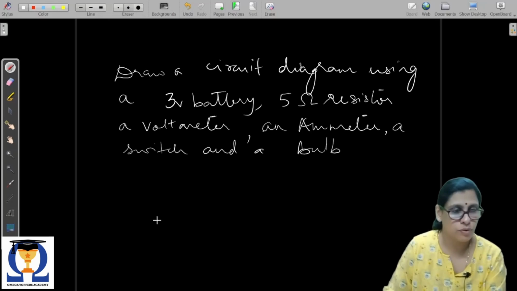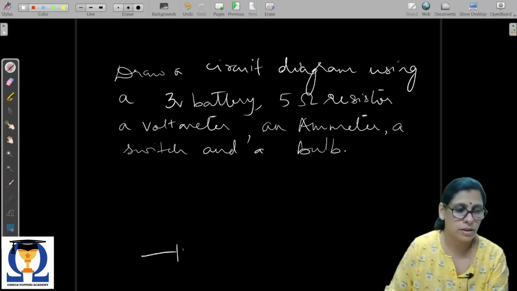So the placing of the components can vary. There is no hard and fast rule for placing of the components. It is just that the battery, this is the 3-volt battery, this positive and negative symbol has to be there, and a switch symbol is here.